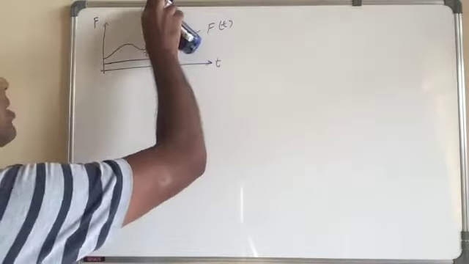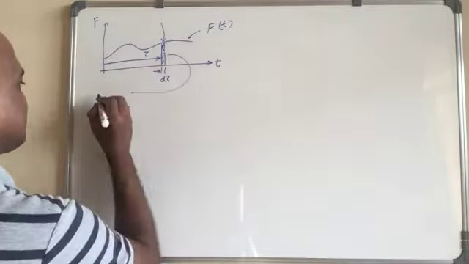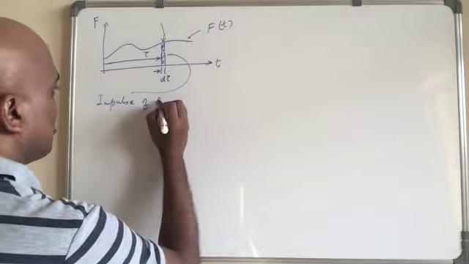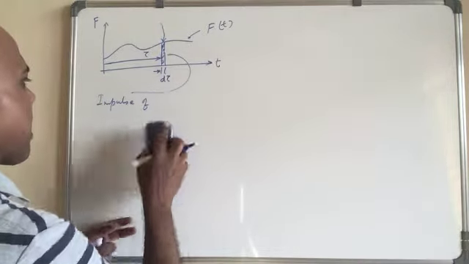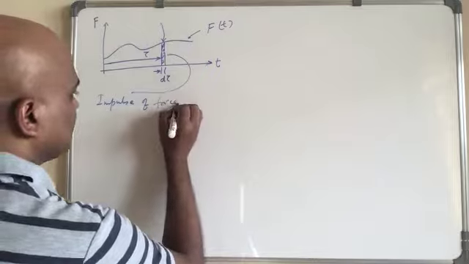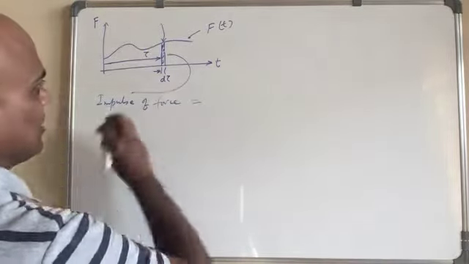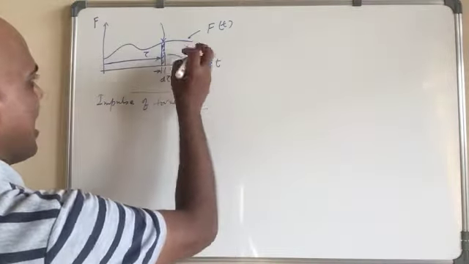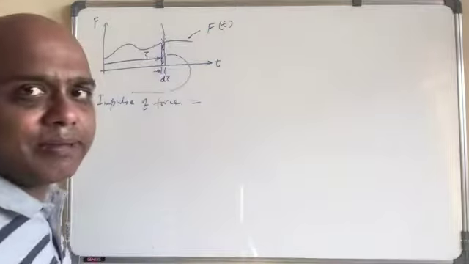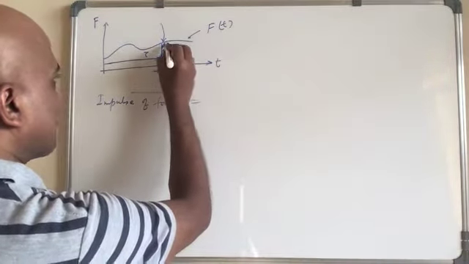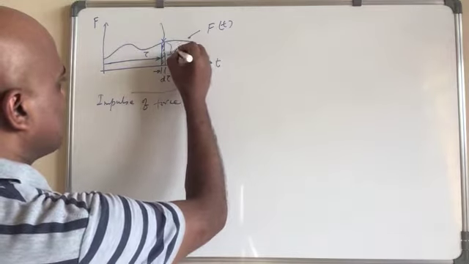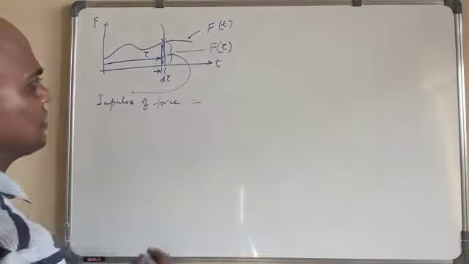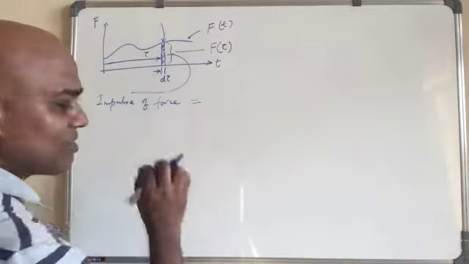The corresponding impulse of the force: from here to here, since this is F(t), the height here will be the force at time tau, so this will be F(tau).